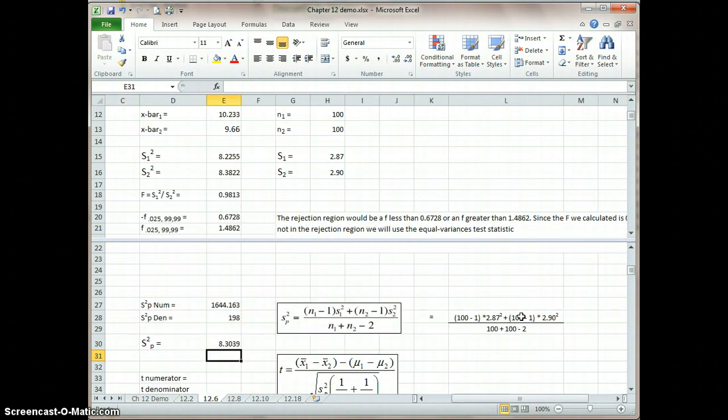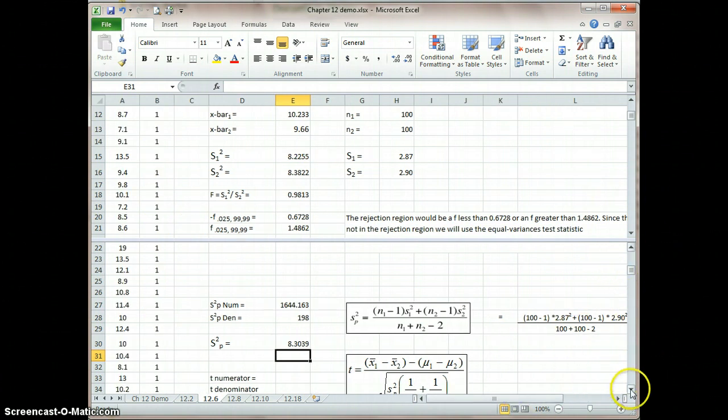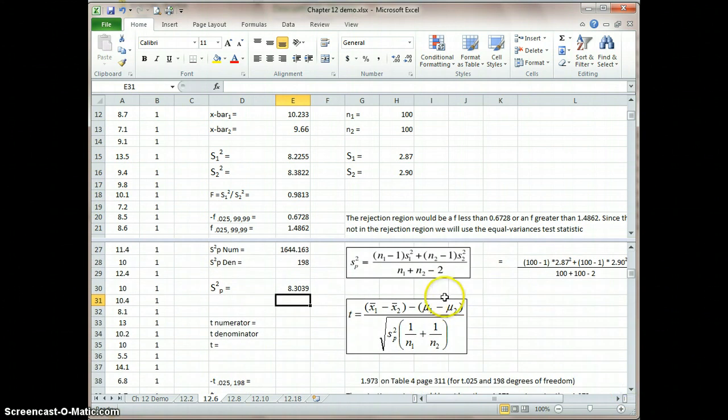You can see over here on this pooled variance estimator, I spelled out what the calculations actually are. Now I just want to perform the t statistic. Again, I'm going to do the numerator, which is equal to x bar 1 minus x bar 2 minus, and in this case we believe the population means are equal, so we're going to use 0.